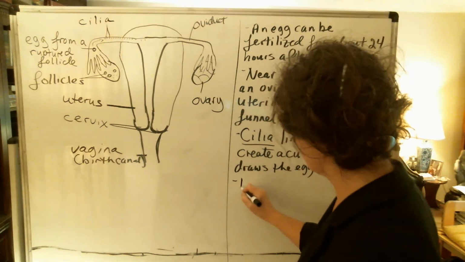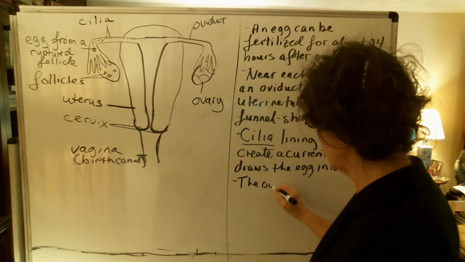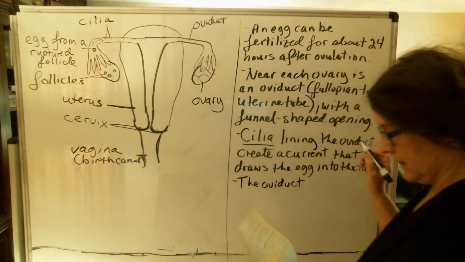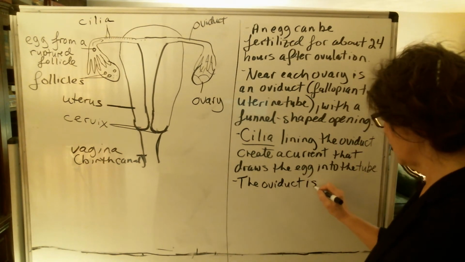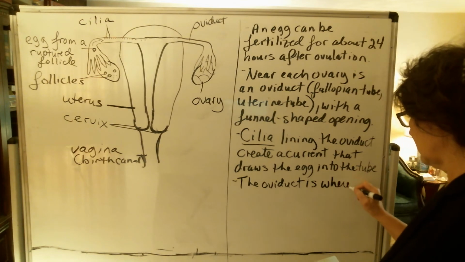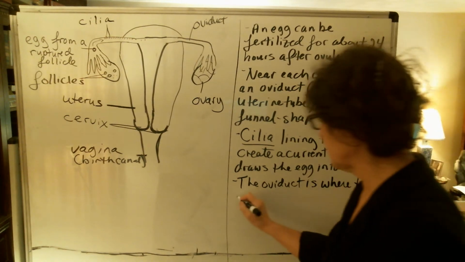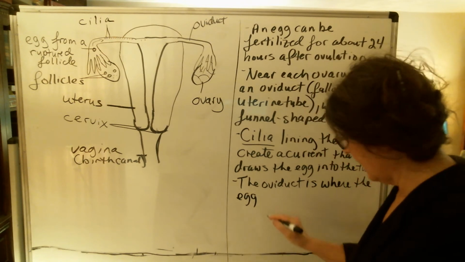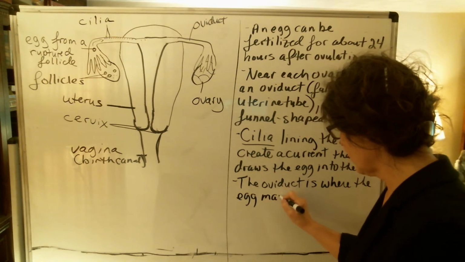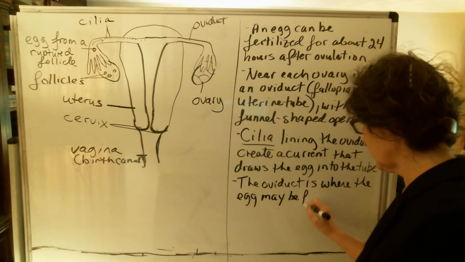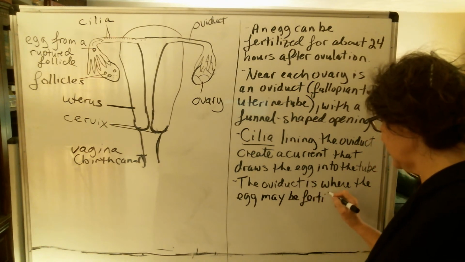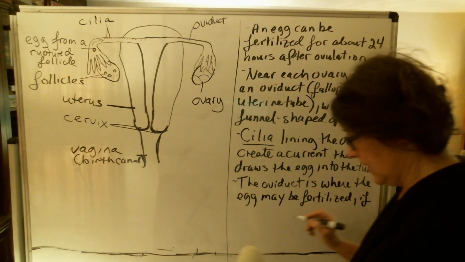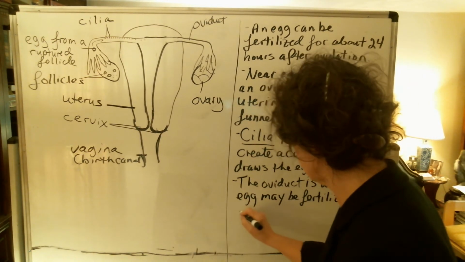So the oviduct then is where the egg may be fertilized if any sperm are present.